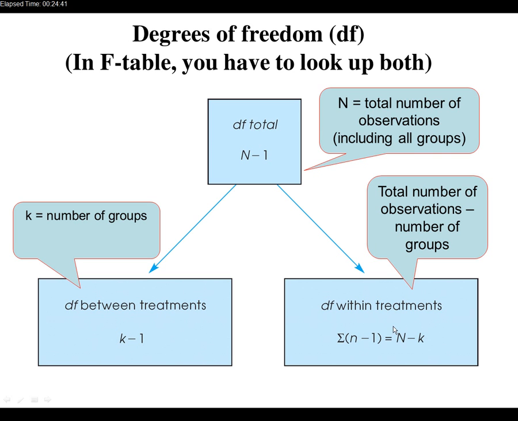So this is between treatments and within treatments, and this is the sum times n minus 1 equals N minus k. All right, so that's the total number of observations. Don't forget, SPSS is going to do this for you. I'm just giving you the theory behind it.